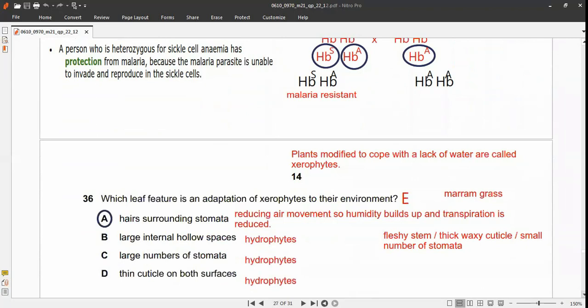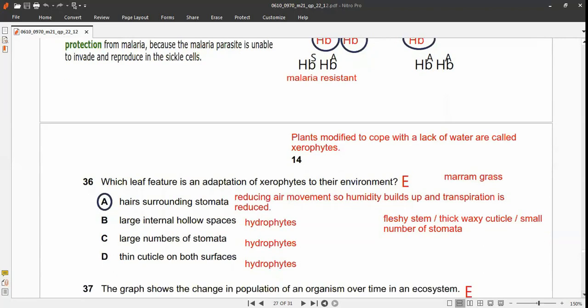Which leaf feature is an adaptation of xerophytes to their environment? Plants modified to cope with lack of water are called xerophytes. So here, which leaf feature is an adaptation of this type of plant, like marram grass?